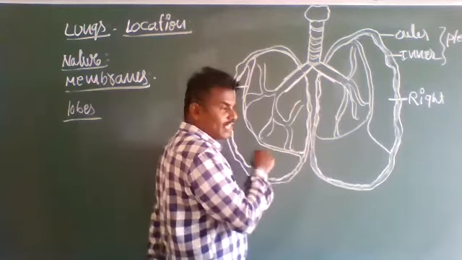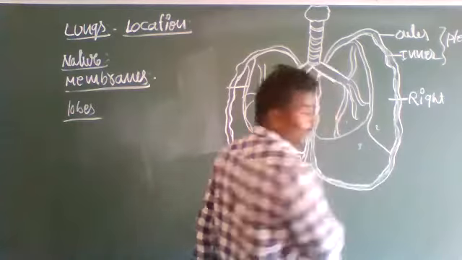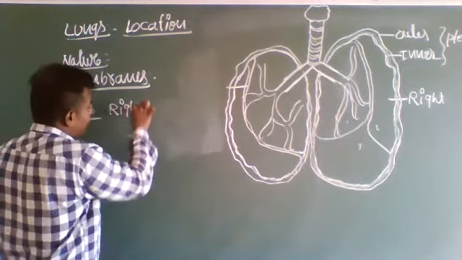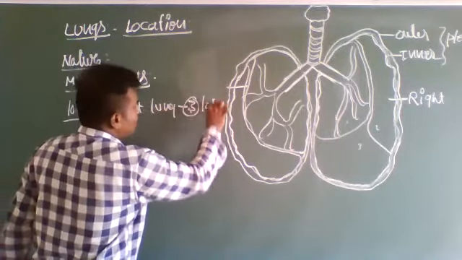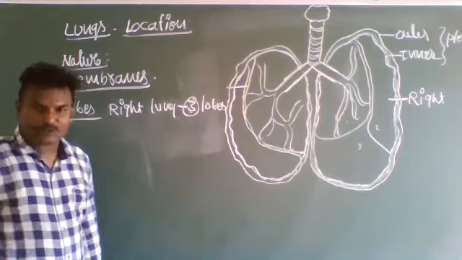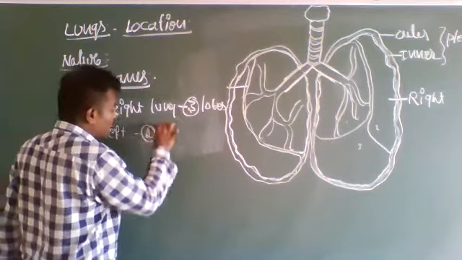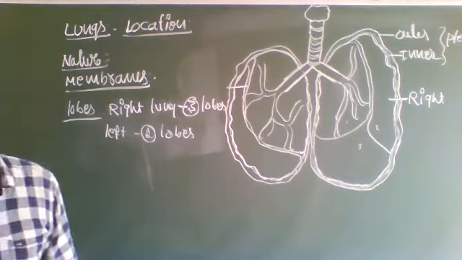Because the right lung has 3 lobes, whereas the left lung has 2 lobes. That's lobes.